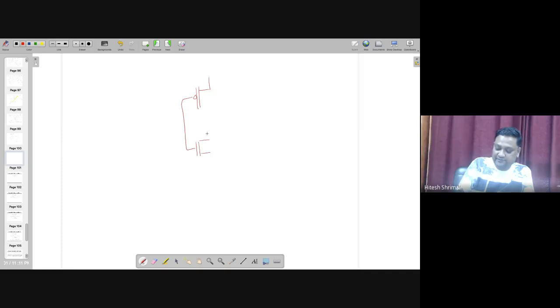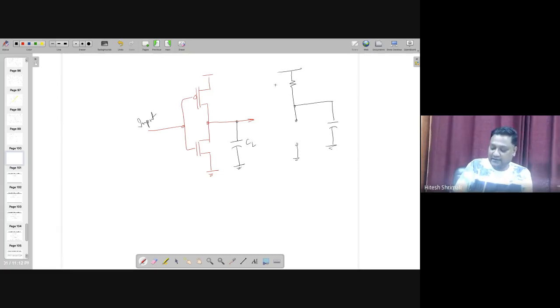So if we are looking into an inverter which looks like this one, when we started studying this, we made the simple model, which was the resistive model. There was no capacitance. However, we have considered the load capacitance in your circuit, and this is RP.